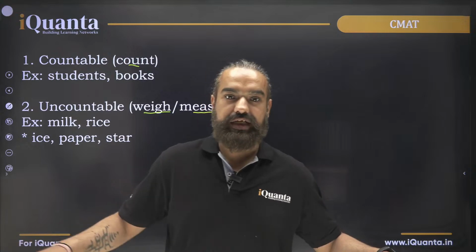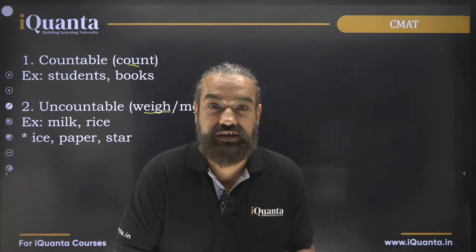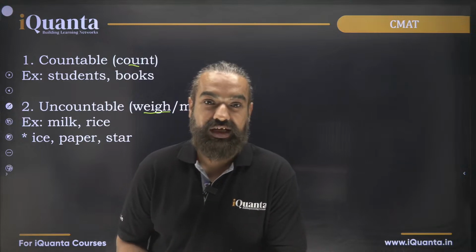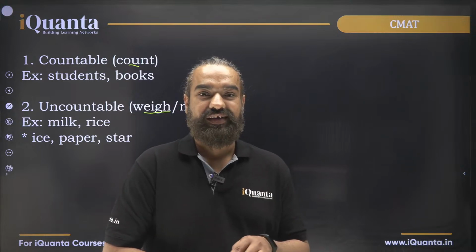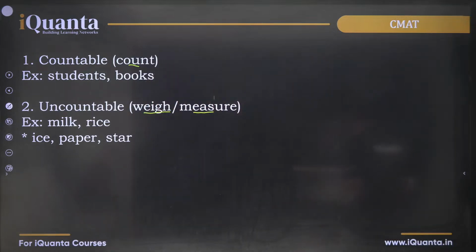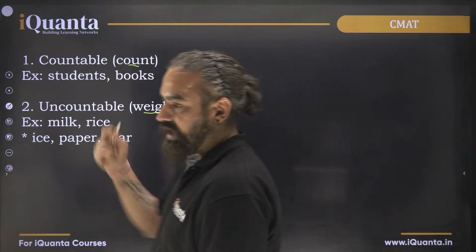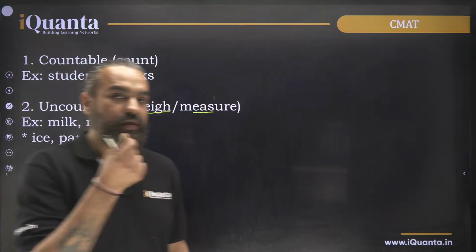Okay? You cannot count paper, you can count pages or you can count sheets. Paper you cannot. I hope you're getting this. You cannot count paper, you can count pages. You can count sheets of paper, but not paper.